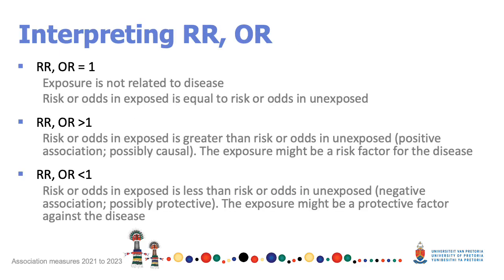Once we have obtained our measures of association, how do we interpret them? If the measure of association, and it doesn't matter if it's a risk ratio or an odds ratio, is equal to 1, it means there's no association between the exposure and the outcome. On the other hand, if the risk ratio or odds ratio is greater than 1, it means that the exposure leads to a greater risk or odds of outcome.